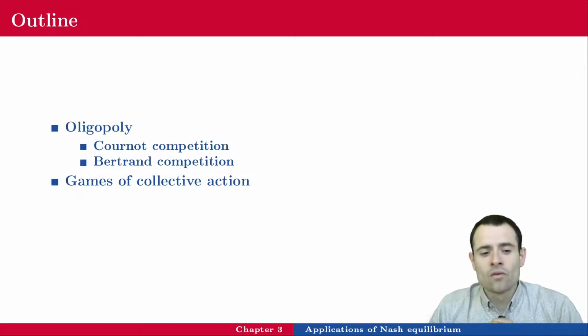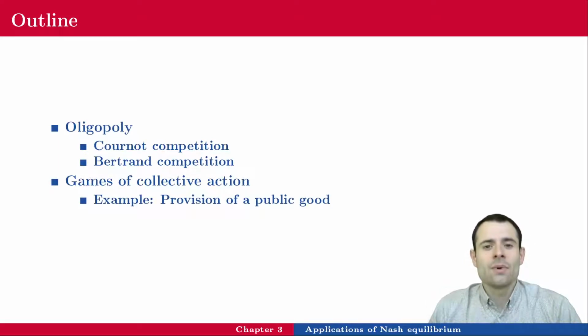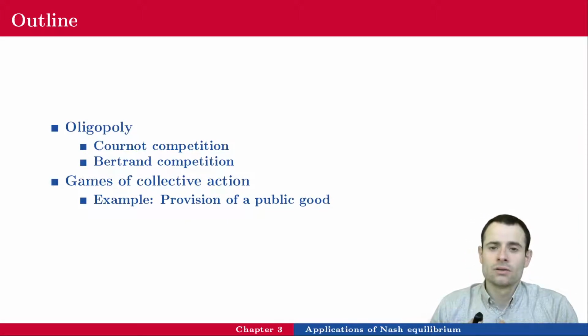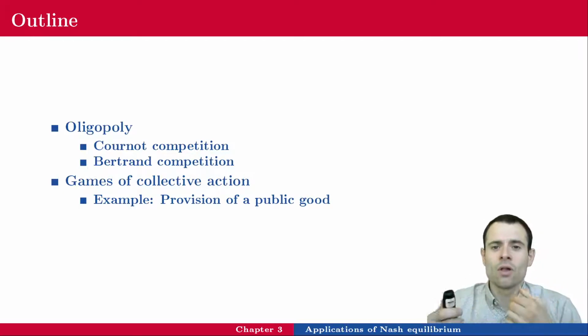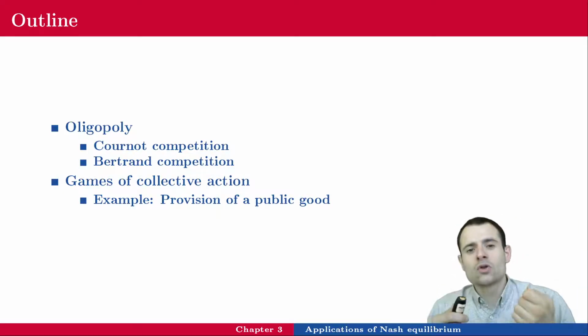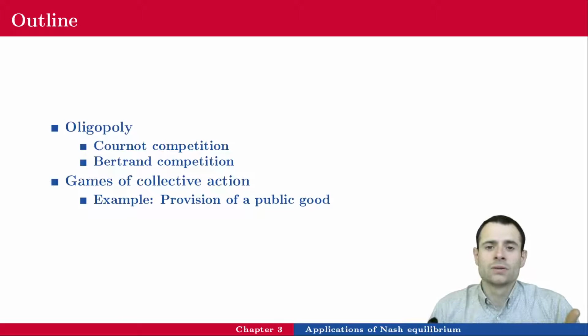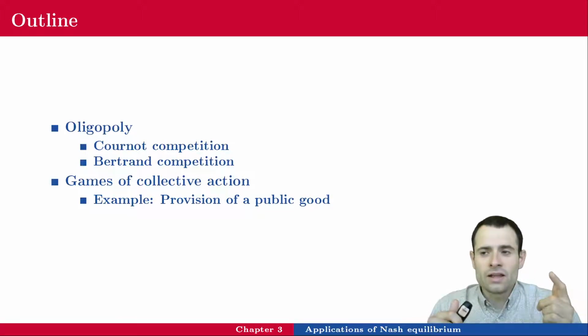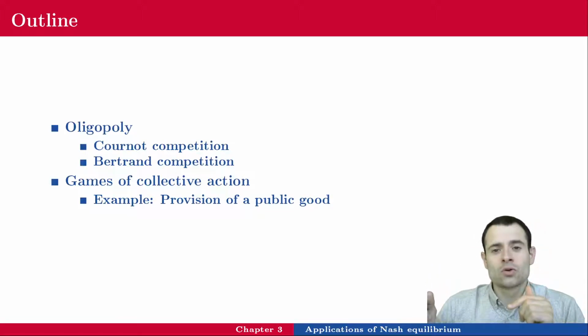And then I'll go over games of collective action. This is something I already covered 2 weeks ago when I talked about public goods. This time, we will go over a model of provision of a public good where each individual will individually contribute to the provision of a public good, thinking that somebody else is also going to contribute.